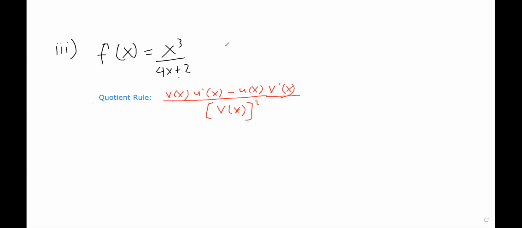Our u of x is equal to x cubed, and our v, which is our denominator, is 4x plus 2. So we have our v of x equal to 4x plus 2. No tricks. Now we just need to find the differential of our u and v.